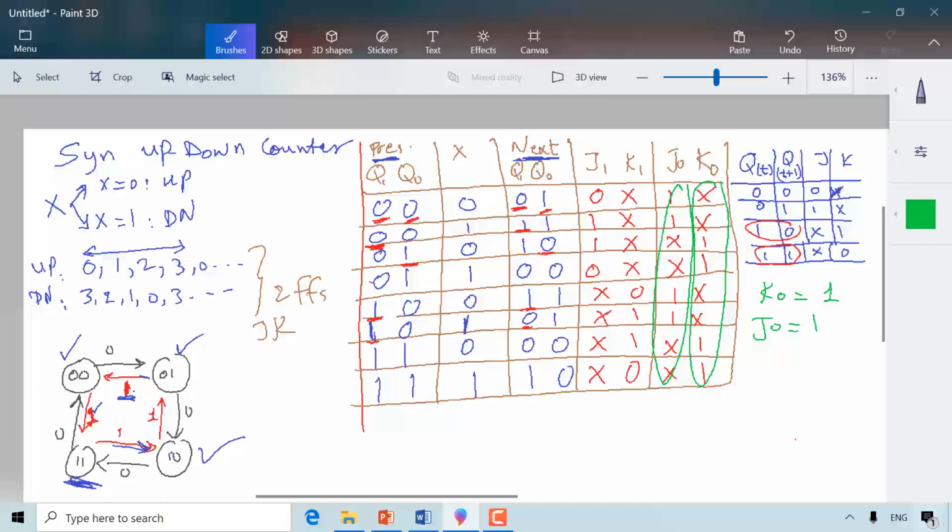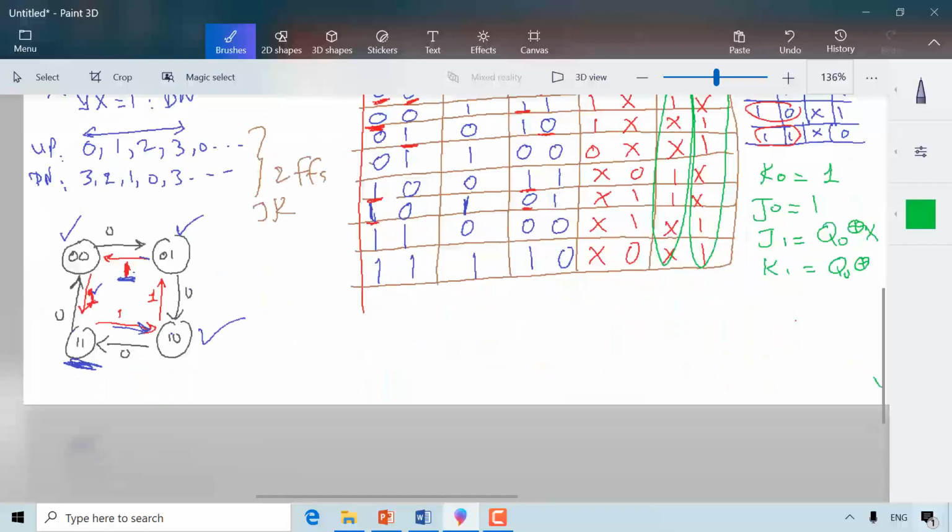If we work out the K-map for them, J1 can be minimized as Q0 XOR X, and K1 can be minimized as Q0 XOR X.